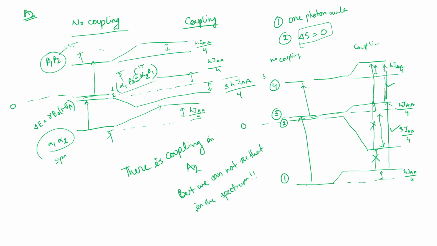So now you have only two transitions again, 1 to 3 and 3 to 4, and as 1, 3 and 4 all got destabilized by hJ by 4, their energy difference will not change. Because of that, even if the coupling is there, you can't really see any change in the NMR spectra. You can't see a singlet split into a doublet, though the coupling is there.